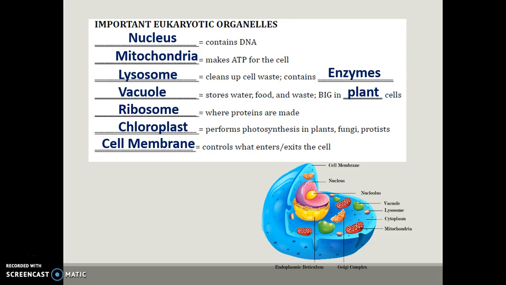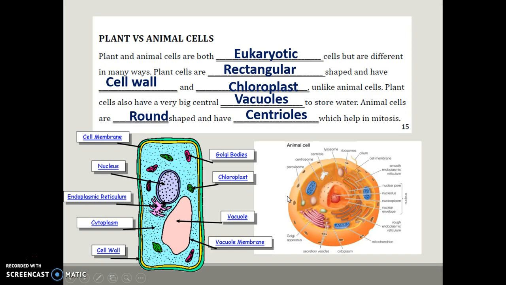But chloroplast, you will see a lot of those inside of plant cells as well. And then finally, the cell membrane controls what enters and exits the cell. It's almost like that fence or that gate around the cell, and it regulates what comes in and out. And you guys remember this from cell transport when we talked about that earlier in the year and how crucial the cell membrane is in keeping homeostasis within the cell. And you can see a lot of those organelles listed here on this image.